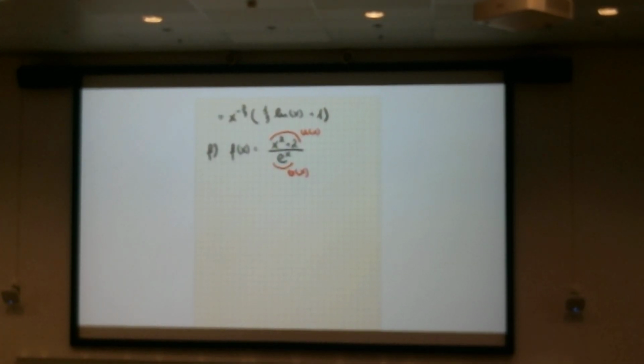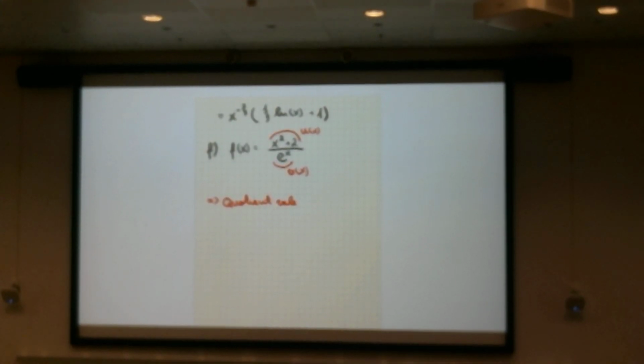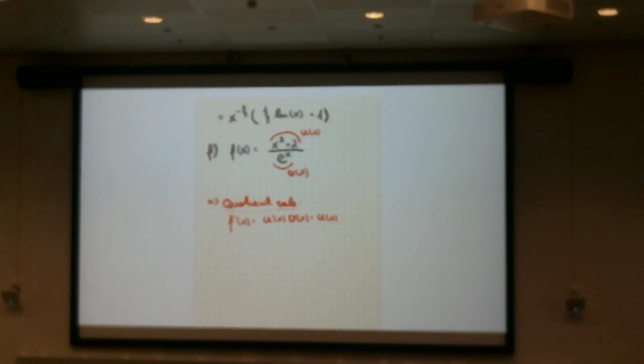And so this one is a little bit longer, so I'll just remind you that for the quotient rule, the derivative is going to be u of x prime, v of x, minus u of x, v of x prime. So just like product rule, but we swap plus for the minus, and then whatever we have in the denominator, v of x, we square it.